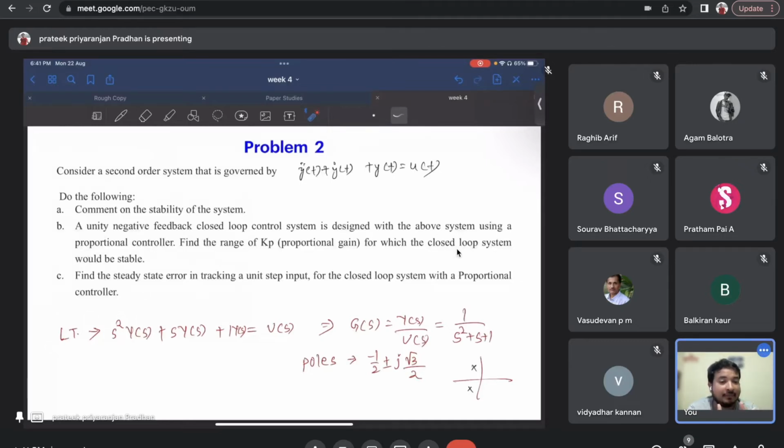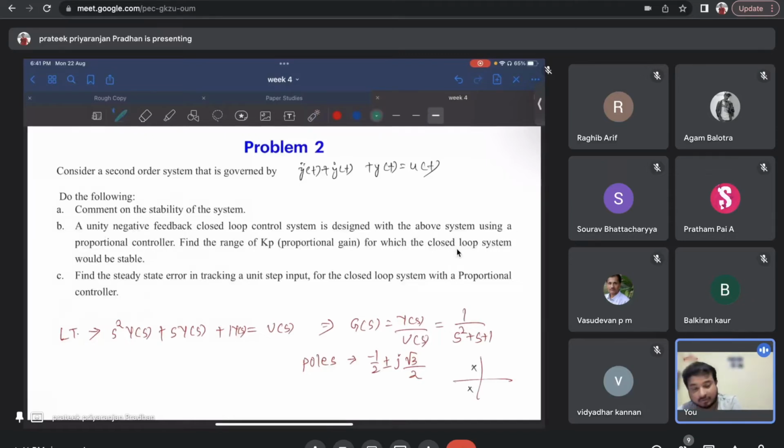Don't apply it for the third order or fourth order system, you need to verify that. But for the second order system, it's a trick. If all the coefficients are positive, it's stable. I'm not saying if all the coefficients are not positive, it will be unstable. No, then you need to verify. But when the question comes like this and it has all the coefficients positive, 100% it is stable. It never goes wrong.